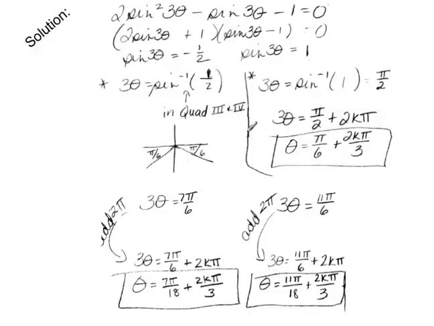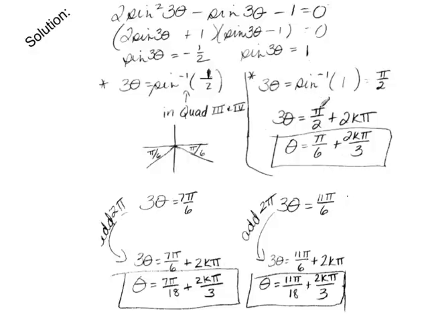Okay, so my reference angle is pi over 6, and this is going to be in quadrants 3 and 4 because sine is negative, and that gives me 7 pi over 6 and also 11 pi over 6, and that is right here.